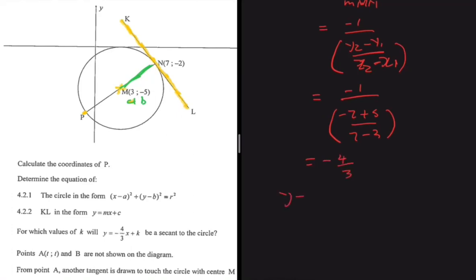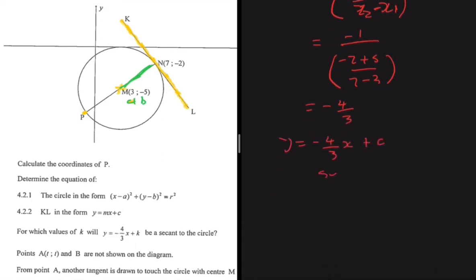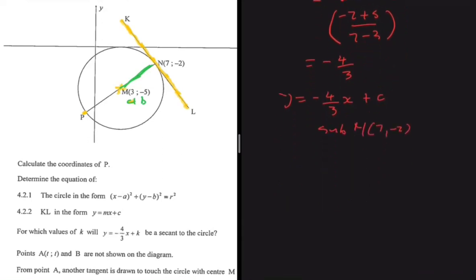So now we can say that y is equal to minus 4 divided by 3x plus c. Now we can sub in n, right, in order to find c. So if we sub in n, we're going to get minus 2 being equal to minus 4 divided by 3 multiplied by 7 plus c, right?